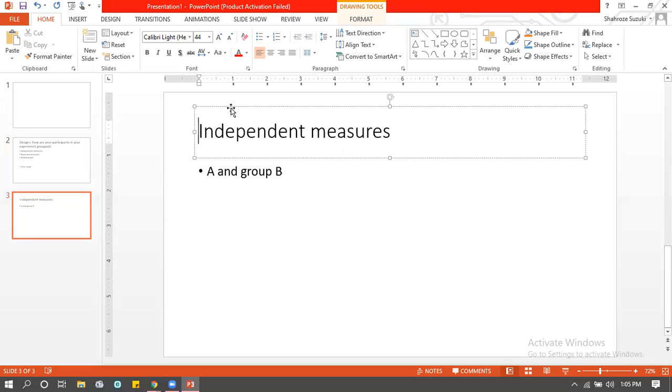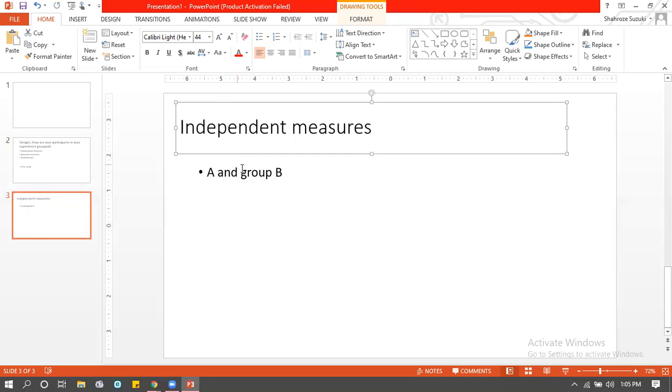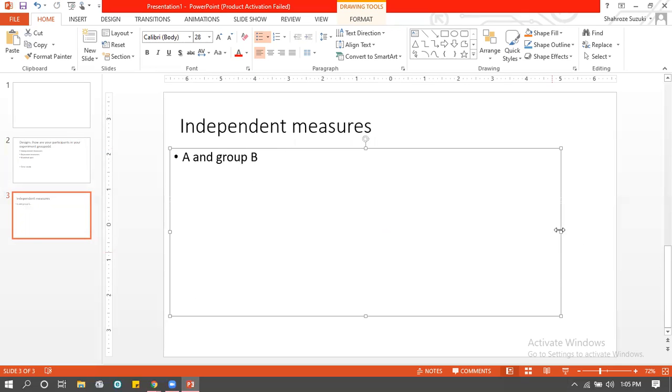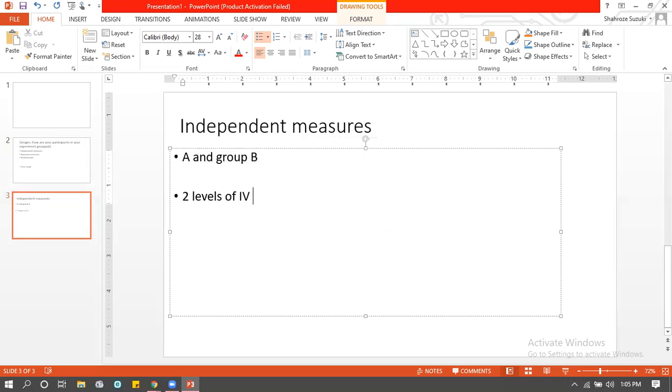So the point of independent measures is basically to find out which IV affects the DV most. Let's suppose there are two levels of IV, where the IV itself is temperature. Level one is hot temperature, level two is cold temperature.